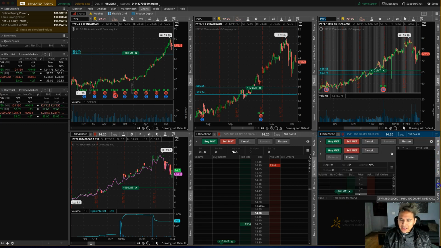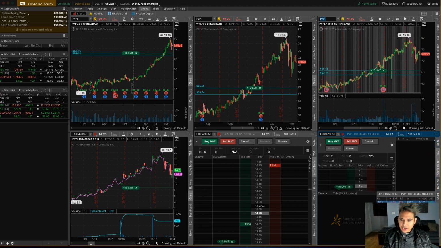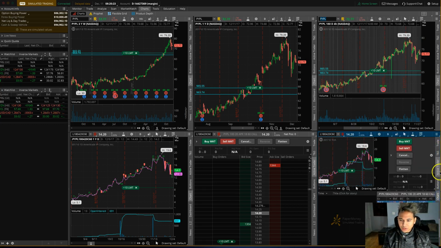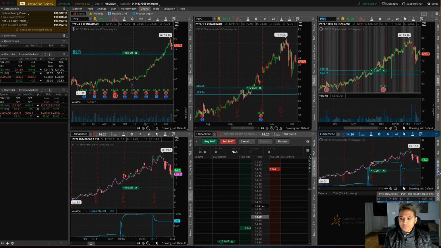That way you can kind of hack these buttons this way to trade options on TOS. And even though these buttons are usually used for trading futures or forex or whatever, you can definitely use it for options, and it's almost, in my opinion, more seamless than how TOS wants you to trade options on here.